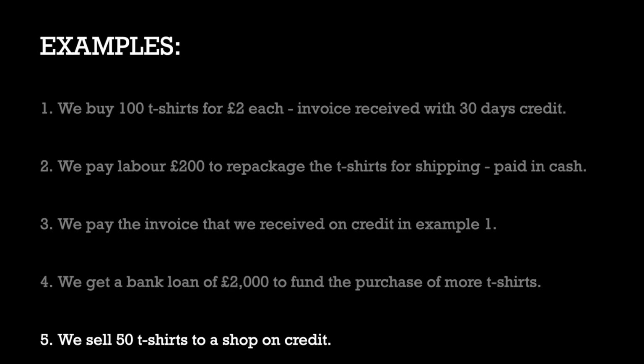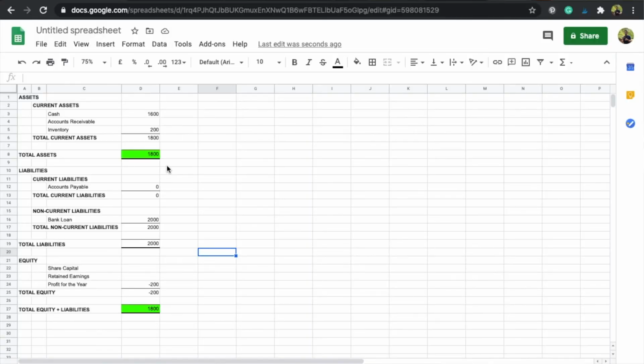Finally, we sell 50 t-shirts to a shop, we invoice them and give them 30 days credit. Now this one's a bit more complicated because we need to recognise the movement in inventory as well. So what we would do is we would need to recognise the first entry as the invoice you've issued. So if we've invoiced them for £1,000 for these 50, actually they're getting ripped off.